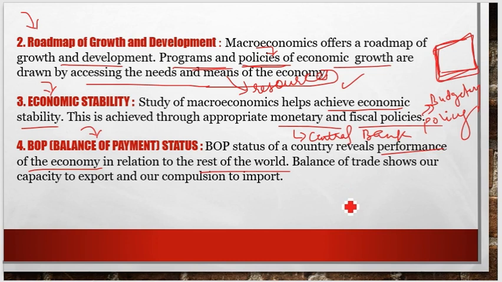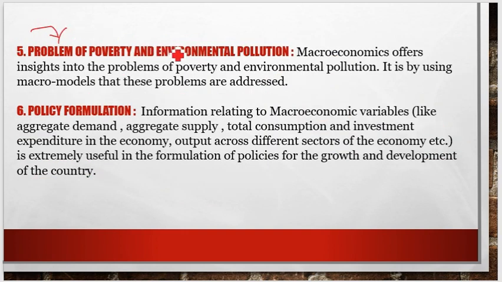That कहाँ कहाँ से इनकम जनरेट हो रही है हमारी इकोनॉमी में, कहाँ कहाँ हम एक्सपेंडिचर्स कर रहे हैं, हमारा इंपोर्ट कितना है, हमारा एक्सपोर्ट कितना है, ये सब चीजें हम बैलेंस ऑफ पेमेंट में पढ़ते हैं. सो बैलेंस ऑफ पेमेंट एक क्लियर पिक्चर दिखाता है कि हमारी इकोनॉमी कैसे परफॉर्म कर रही है राइट नाउ, हमारी इकोनॉमी का स्टेटस क्या है, ठीक है. So balance of trade is also part of BOP which shows our capacity to export and our compulsion to import, right?